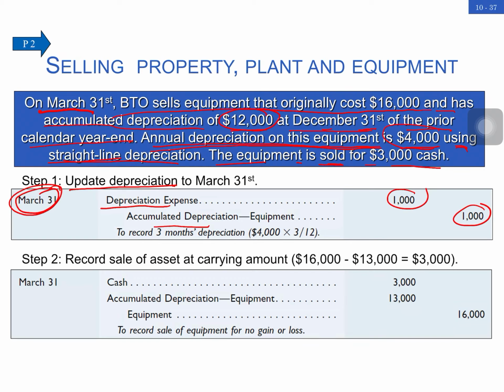The machine is depreciated for 4,000 every year. Because this is only 3 months, it's only 1,000 depreciated.